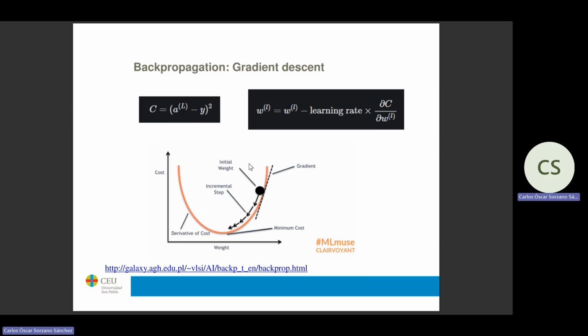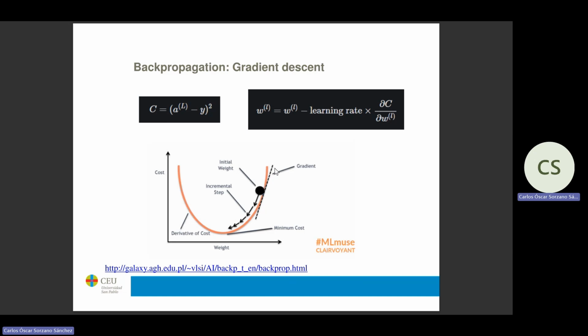So what we are doing is, in a schematic way, you have a cost function as a function of the weights, and because it is a square, you have a square shape, parabolic shape. And you know that this is a simplification because the problem is non-convex, and then you would have many local minima. Okay, so you start from some initial weight.